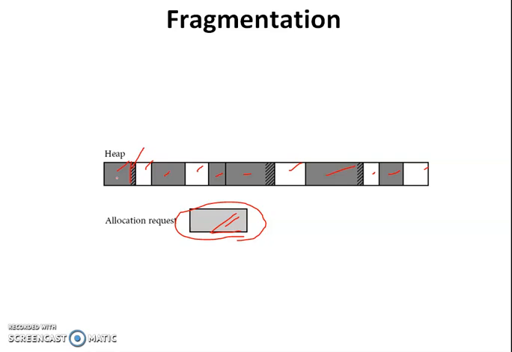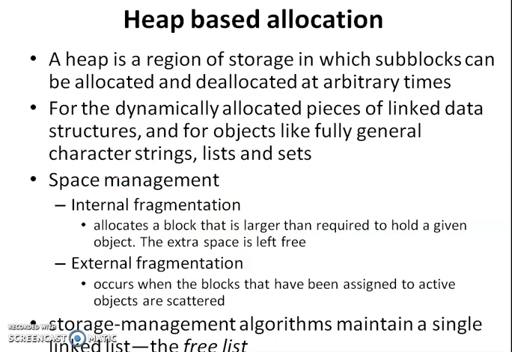Internal fragmentation is when a block is loaded into some space that was large enough that it resulted in some unused space also. It allocates a block that is larger than required to hold a given object, so the extra space is left free. External fragmentation occurs when the blocks that have been assigned to active objects are scattered.